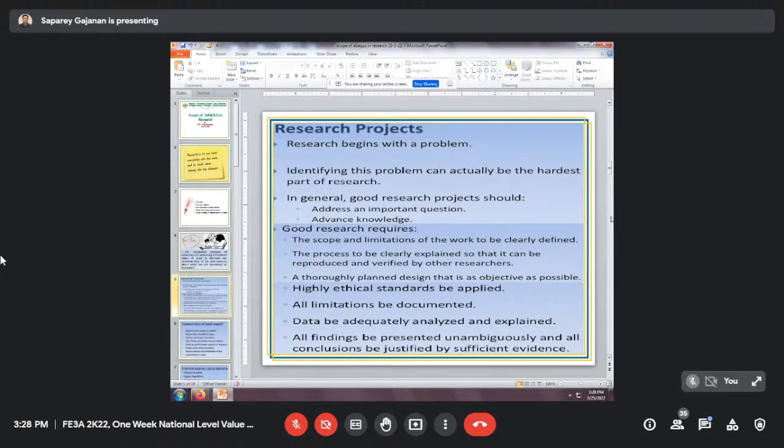A thorough plan, design and objectives, whatever the possible objectives are, whatever the limitations are, and the expected outcomes, you thoroughly have to mention or just frame it. And all the limitations have to be documented, because when you present your work, you may be asked why this method is correct, why another method cannot be explored.